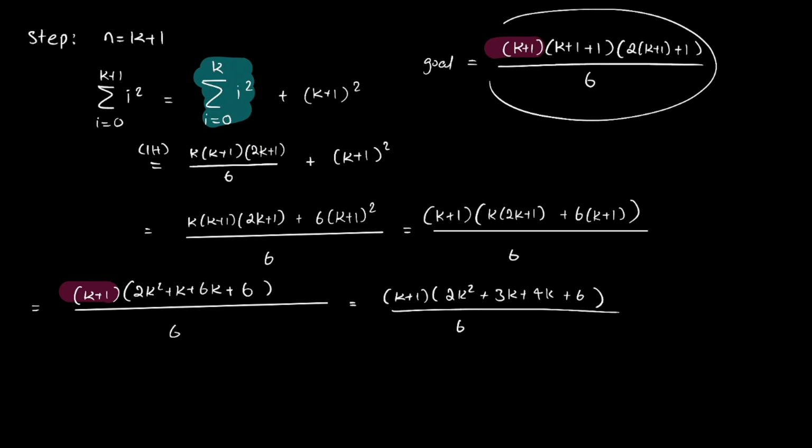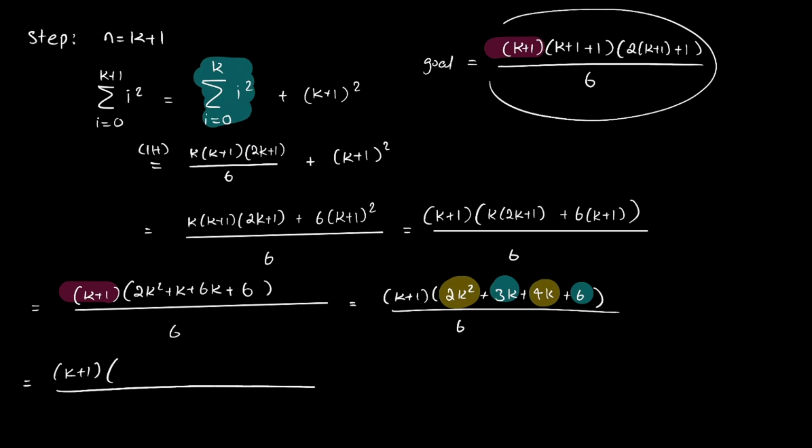Well, because now what we can do is, k plus 1, and we can group these two, the 2k squared and the 4k together, and we can group the 3k and the 6 together, and we will have two different terms when we do that.